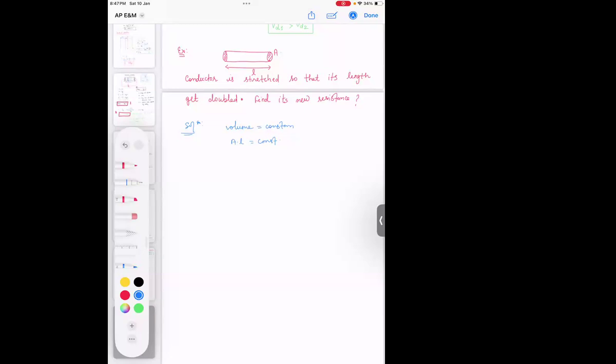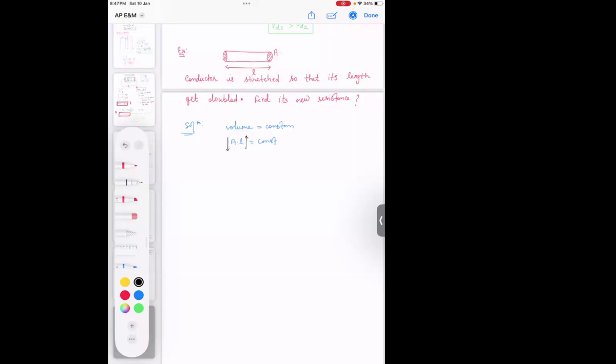So in these types of process, don't think that, sir, resistance equals rho L by A, length got double, resistance got double. No, no, no. Length got double and at the same time area also got changed, isn't it? So that's why here if I say length got doubled, the area got half.